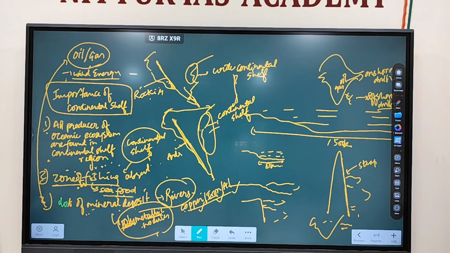Second reason is what? How do you extract wind energy? Through the windmill. You install a windmill like this, it rotates and generates energy. This is like a fan.